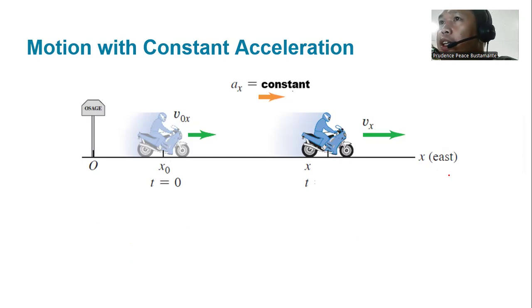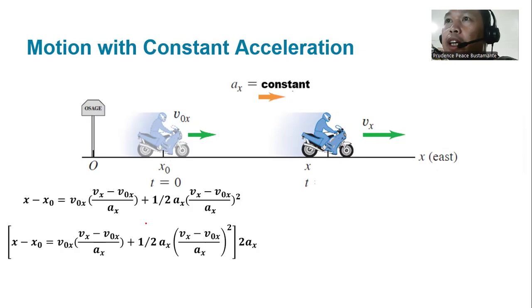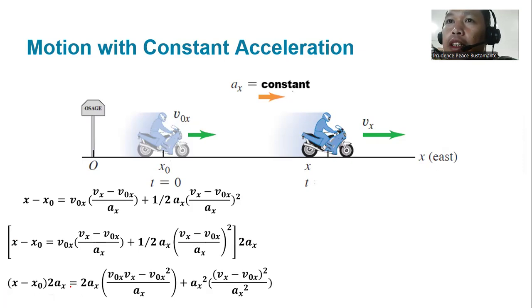We do our mathematics. The best thing to do here is to multiply both sides by 2 times the acceleration. The left-hand side becomes this term times this term, and on the right-hand side, we must first distribute the (v sub x minus v sub o x) squared and multiply by 2 a sub x, so we can cancel this out.